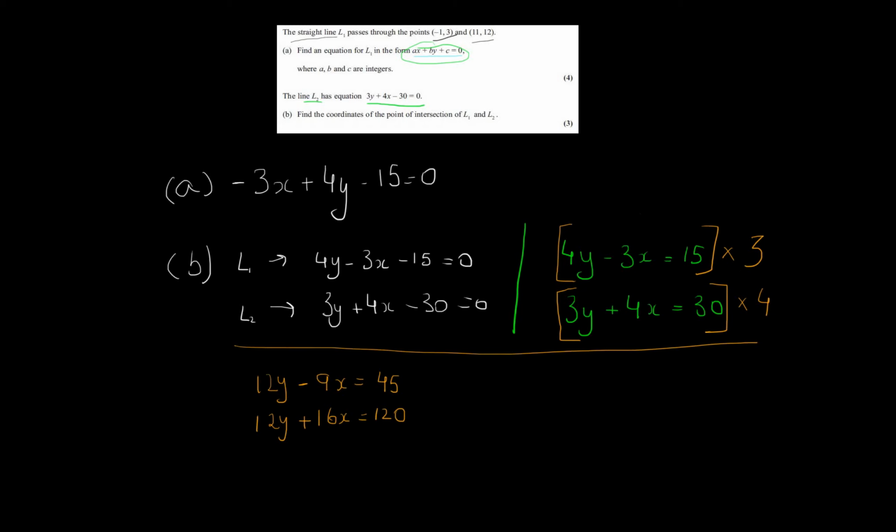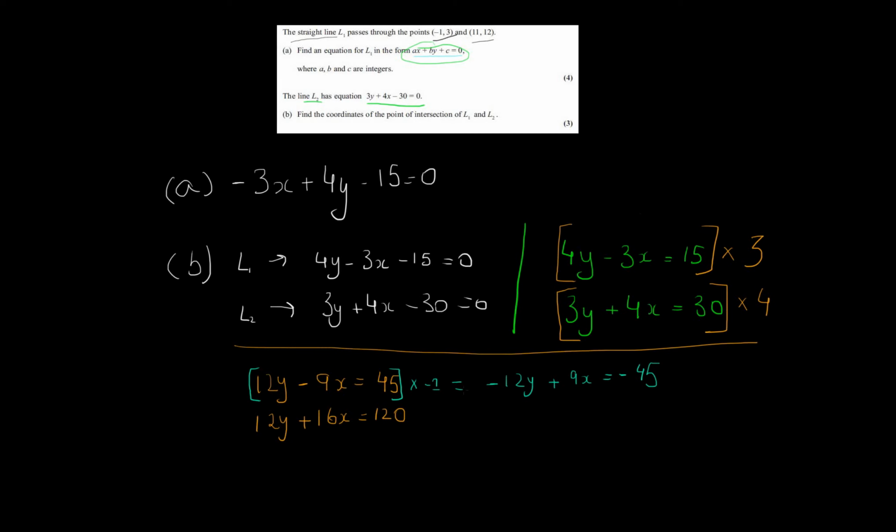So now here we have simultaneous equations in which the coefficients of the y variables are the same. And now I'll just multiply one of the equations by -1. I'll multiply this equation by -1, and that basically has the effect of flipping the signs, so that it would become -12y plus 9x equals -45.